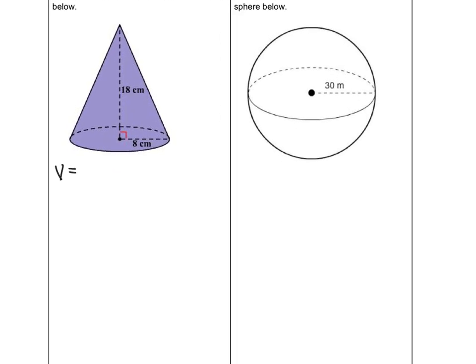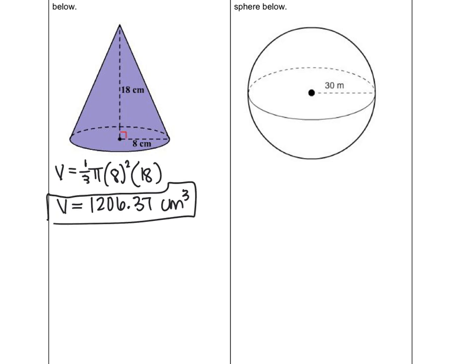So our volume, we're going to do 1/3 pi, and then our radius 8 squared times our height 18. So 1/3 times pi, and then 8 squared is 64 times 18, and it's going to give us 1,206.37 centimeters cubed. Remember, volume is cubic units.